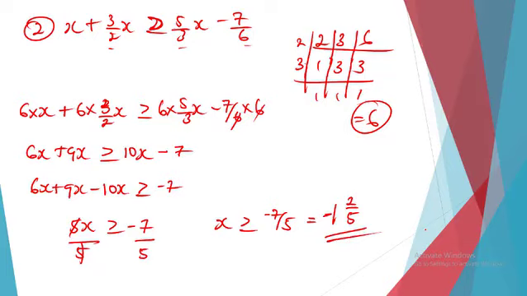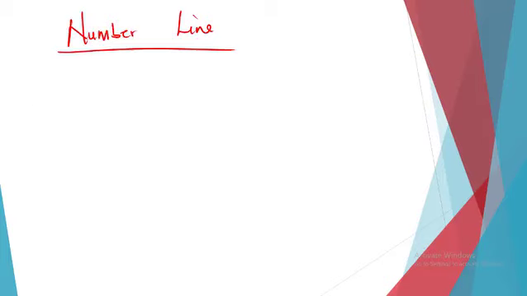Okay, let us go over to the number line. A number line is a way of representing whatever you get as your answer in a line. Okay, a line of the form, this is 0, we have 1, 2, 3, and so on and so forth, and then we have minus 1, minus 2, minus 3, and so on and so forth.